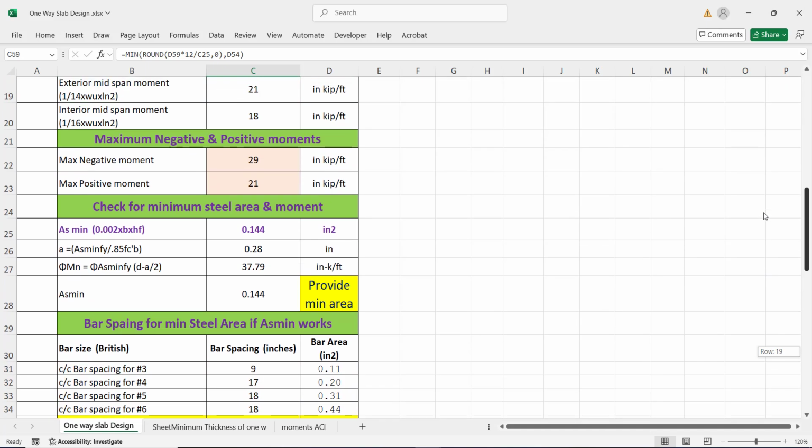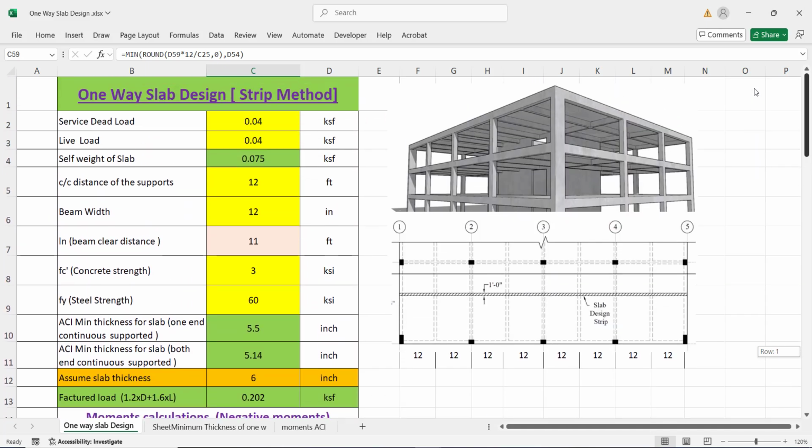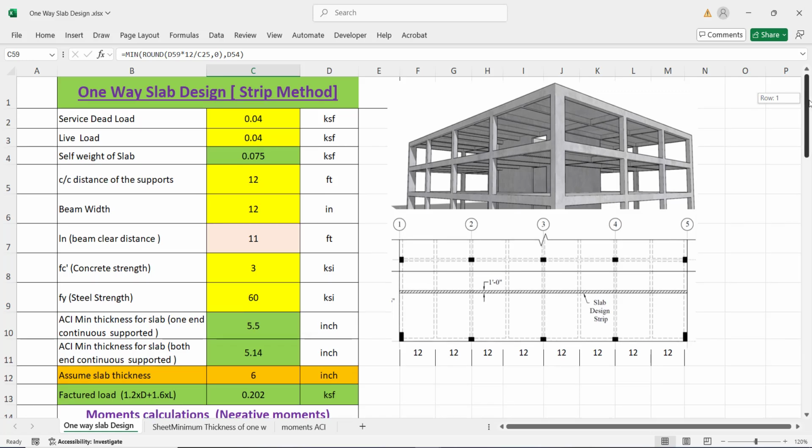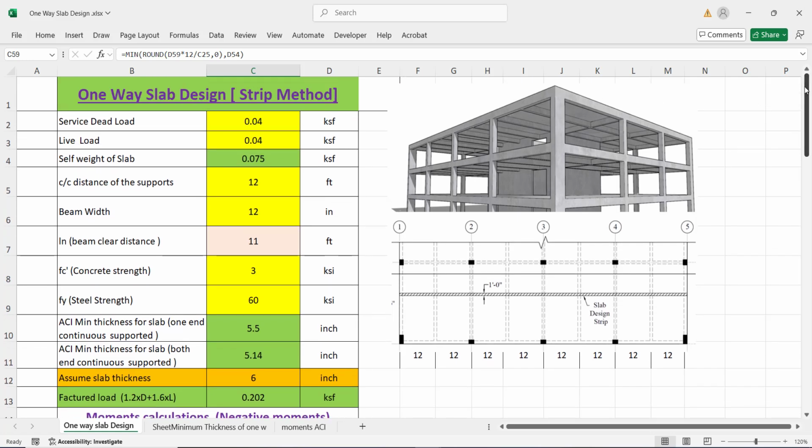You can take the sheet. This is a spreadsheet. I will share this spreadsheet with the video, and you can download it, use it, and design your own slab. You can just change the yellow cells. This is from material properties. You can just feed this in, and the rest will be calculated automatically.